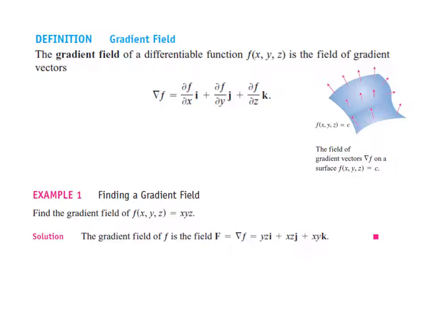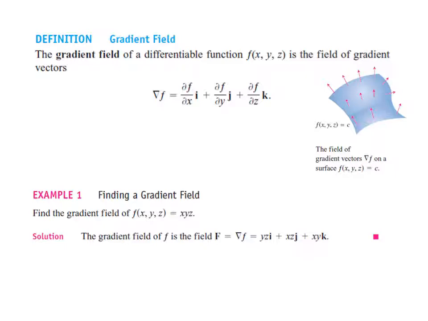So let us take one example here. Find the gradient field of the function f is equal to x into y into z. The gradient of f can be written as dou f by dou x into i cap plus dou f by dou y into j cap plus dou f by dou z into k cap. Let us find dou f by dou x from the given function f. So dou f by dou x is equal to yz, x differentiation 1.